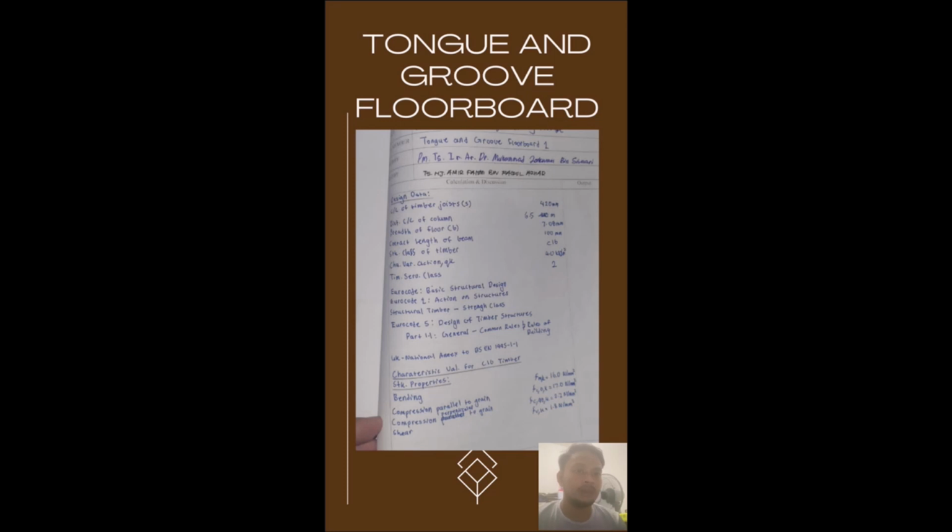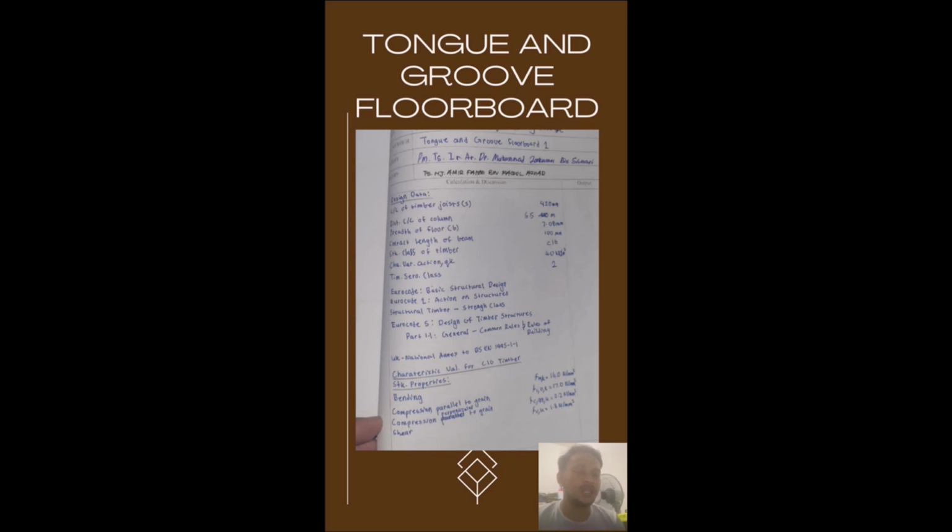The characteristic value of the action is 4.0 kilonewton per meter square. And the service class of the timber is service class 2.